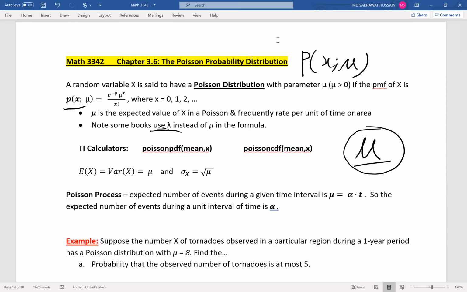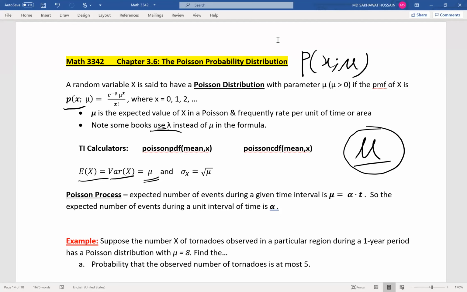Okay, so for Poisson distribution, the variance and the mean are the same. The expected value of x and the variance of x are the same. So the population mean and the population variance are the same, which is just mu. And the standard deviation is the square root of the variance. So that means the square root of mu.